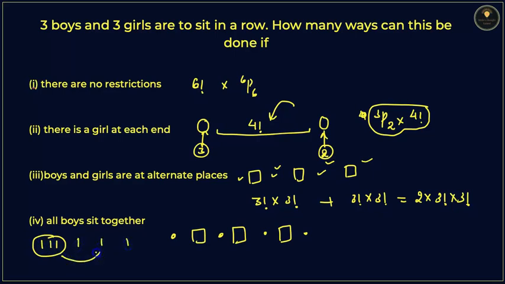So the total number of options that we have is 4. We have to arrange those 4 options, so we write 4 factorial. But inside, the boys can also be arranged, so we write 4 factorial multiplied by 3 factorial. These are all the answers that you will get in these different types of scenarios.